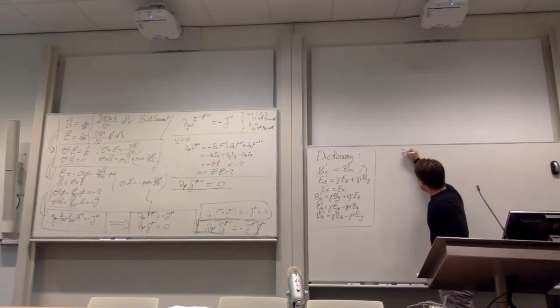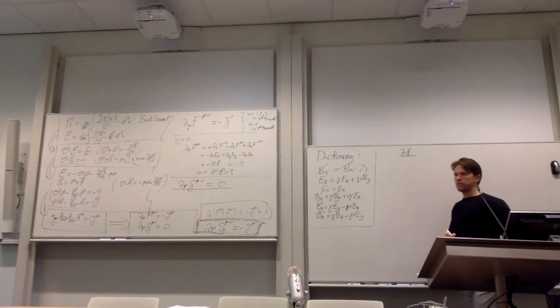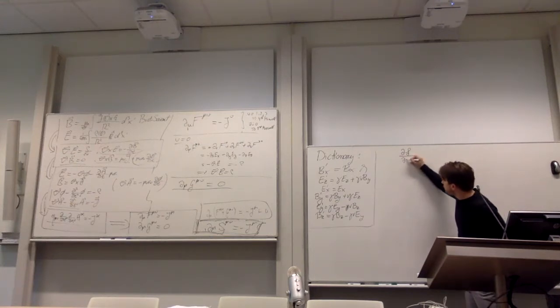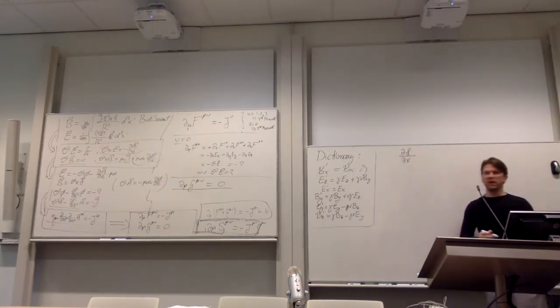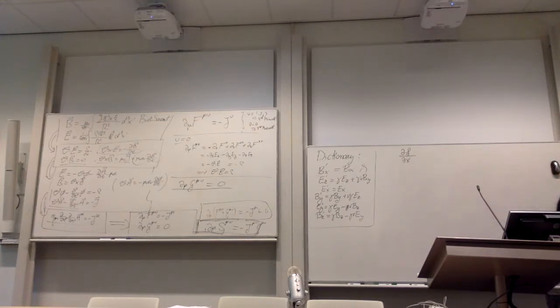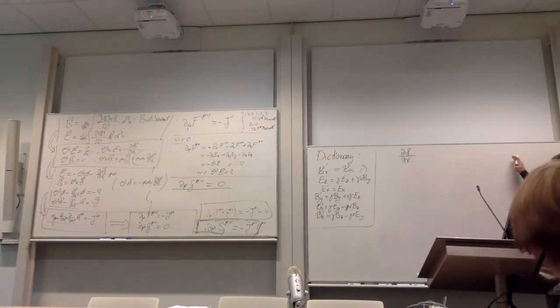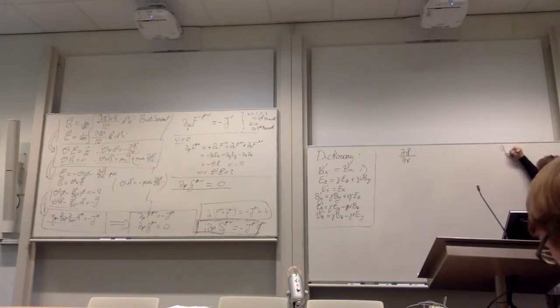Okay, so the question is, if I have a random function, and I want to take its derivative with respect to x primed, then what does this look like in some other guy's coordinate system? My claim is it will transform like a Lorentz transform. So that means, my claim is that I will find that one guy's derivative is a Lorentz transform of some other guy's derivative.